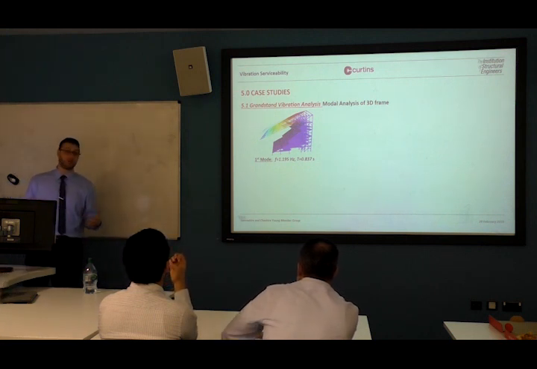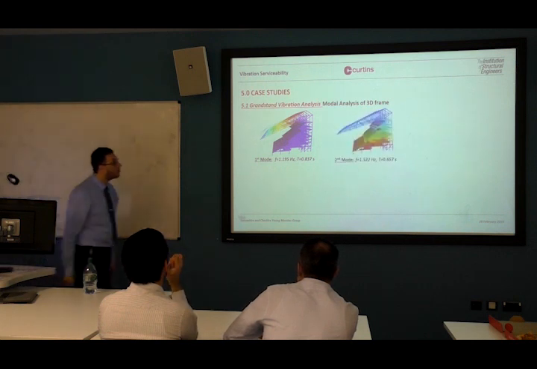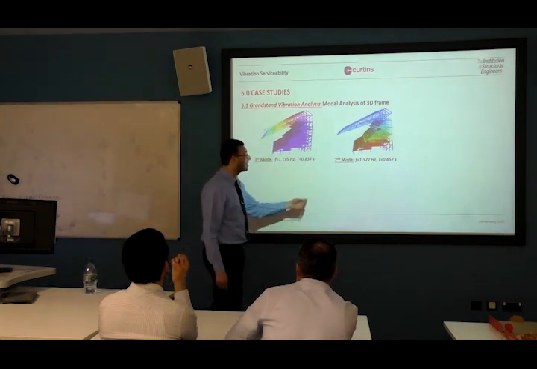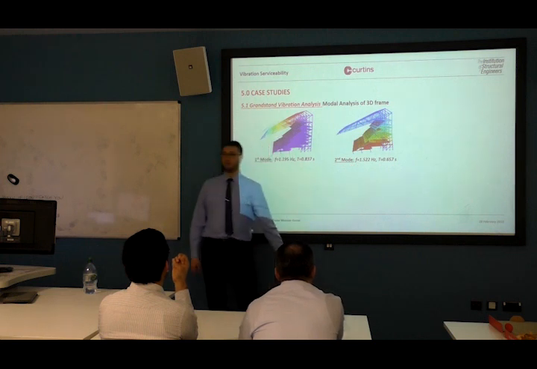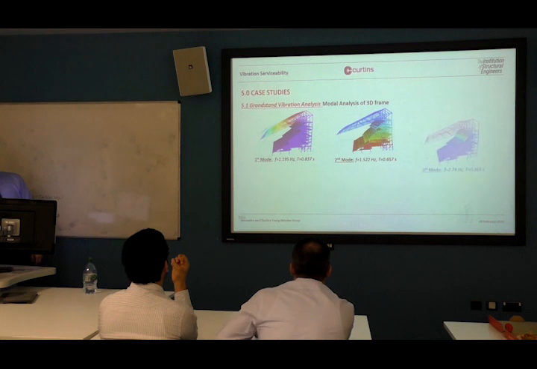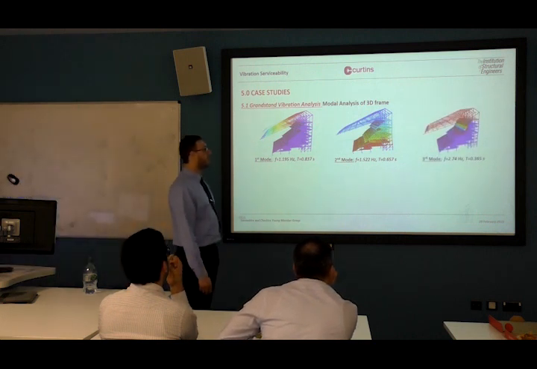We can't, as a crowd, excite this mode shape. The second one was also the whole thing swaying, and in this case it's just above 1.5, so again we're okay. Third mode, this is where we were interested.